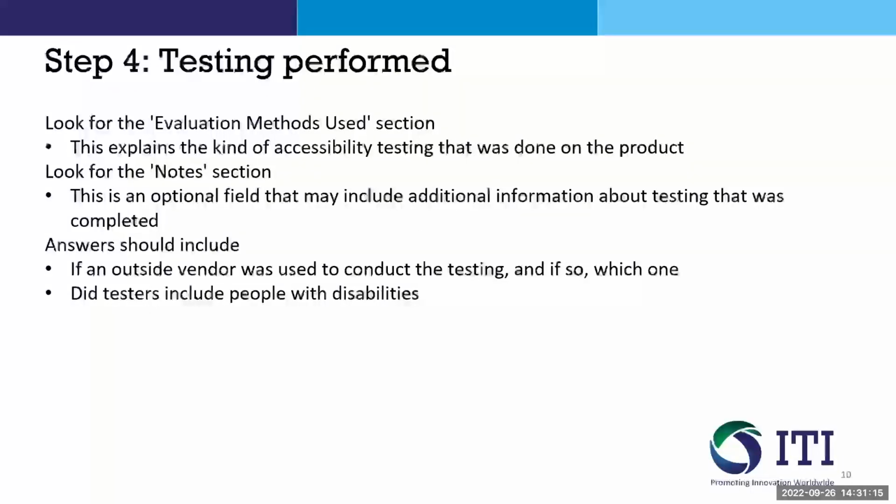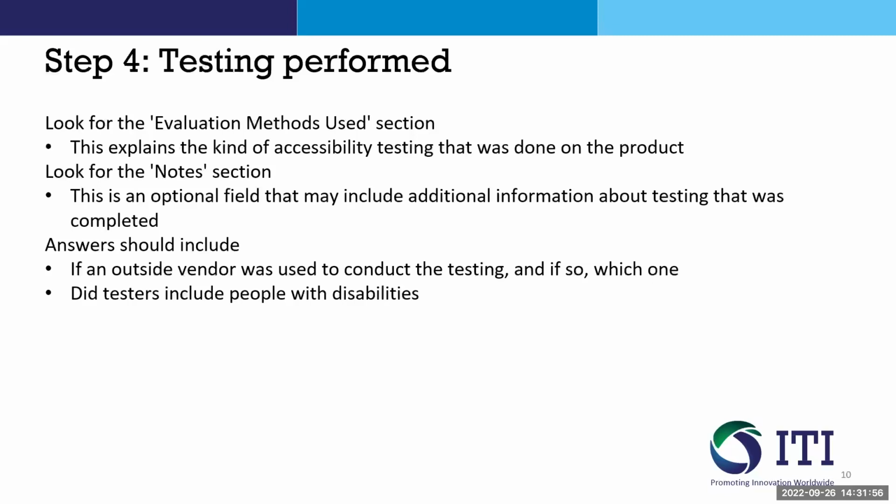Okay, one thing that you always want to be mindful of and always want to question is what kind of testing was performed during the process of completing the ACR. On the title page, there is an evaluation methods used section. In this section, you should get details about what type of accessibility testing was done on the product. You can also look in the notes section.